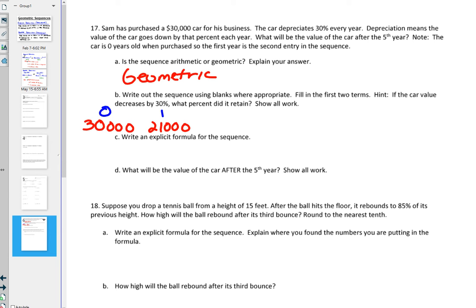Okay, but then after a second year, times 0.7, now I'm getting that it's worth 14,700. After 3 years, times 0.7 again, now we got that it's 10,290. After 4 years, I'm getting that it's worth $7,203. And then after 5 years, it's worth $5,042.10.